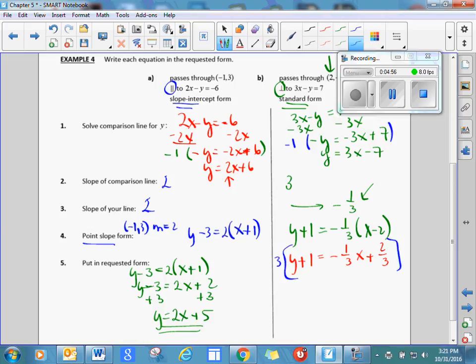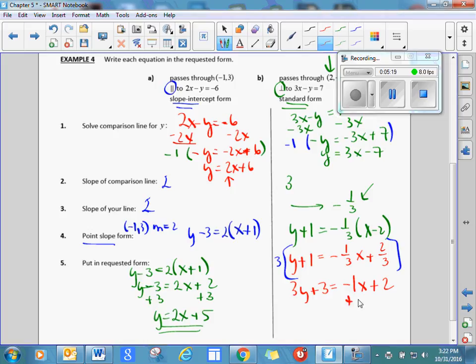And we get 3y plus 3 is equal to minus 1x plus 2. So if you remember standard form, the x and the y's have to be together on the other side of the equal sign. We can't have any fractions, and the x has to have a positive coefficient.